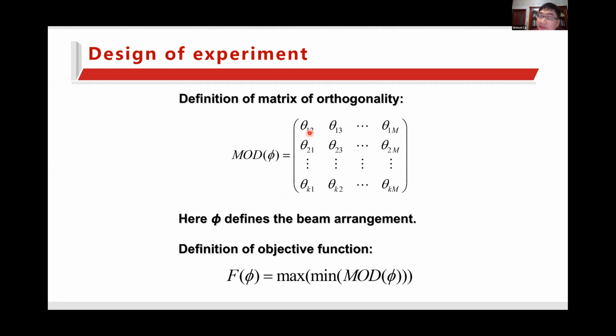Each vector defines the position of a laser beam. And we can convert this problem into an optimization problem. If we can maximize the smallest element in this matrix, then we can make any 2 vectors as independent as possible.